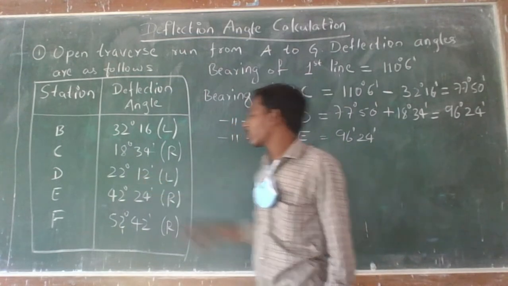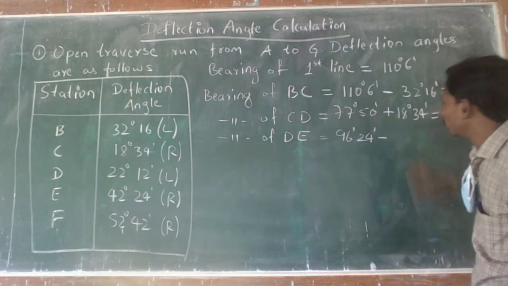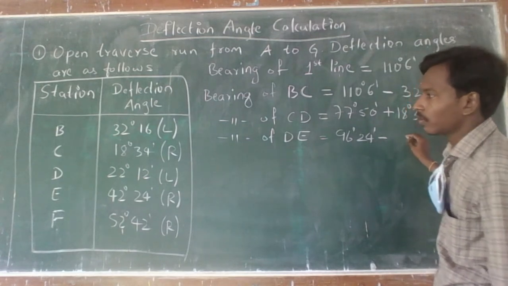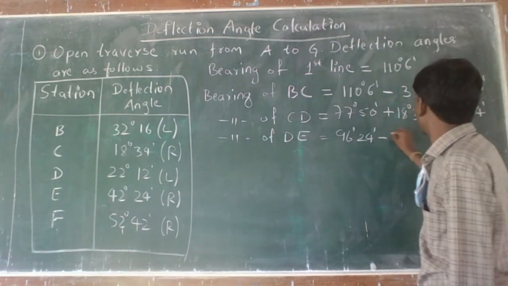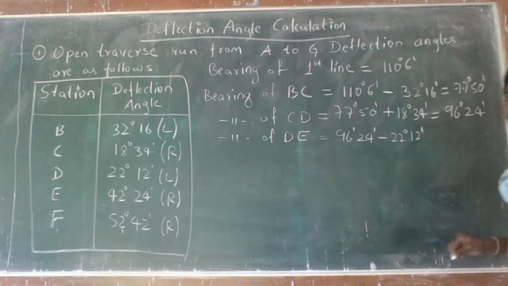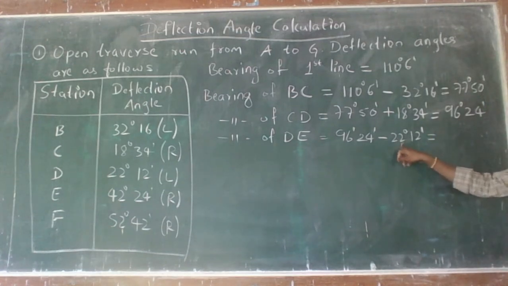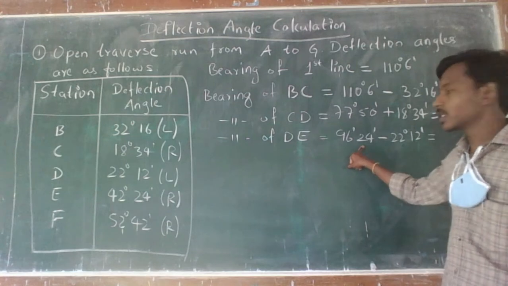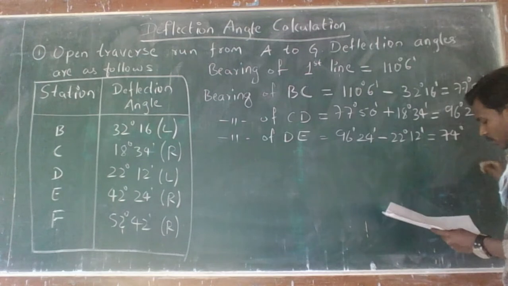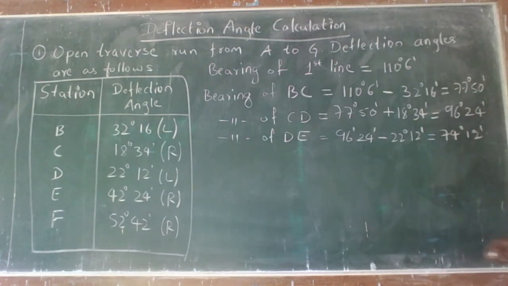So now we have to take the sign minus. Now substitute the value of deflection angle at D, 22 degrees 12 minutes. Now after subtracting 22 degrees 12 minutes from 96 degrees 24 minutes, you will get the value 74 degrees 12 minutes.